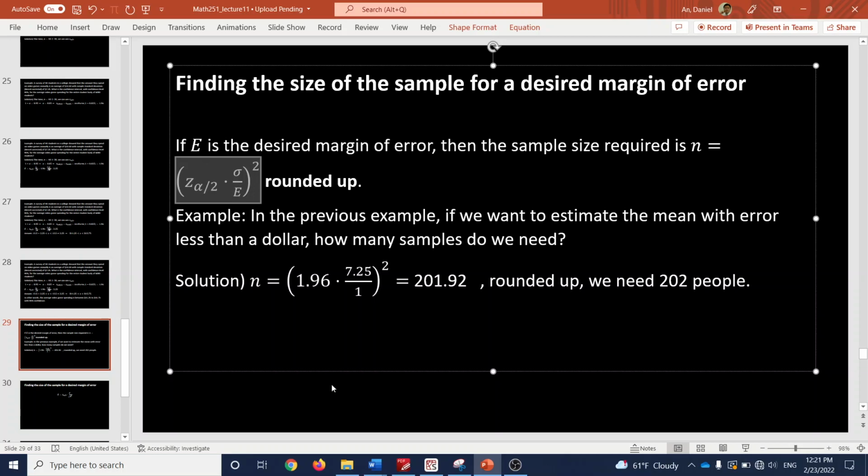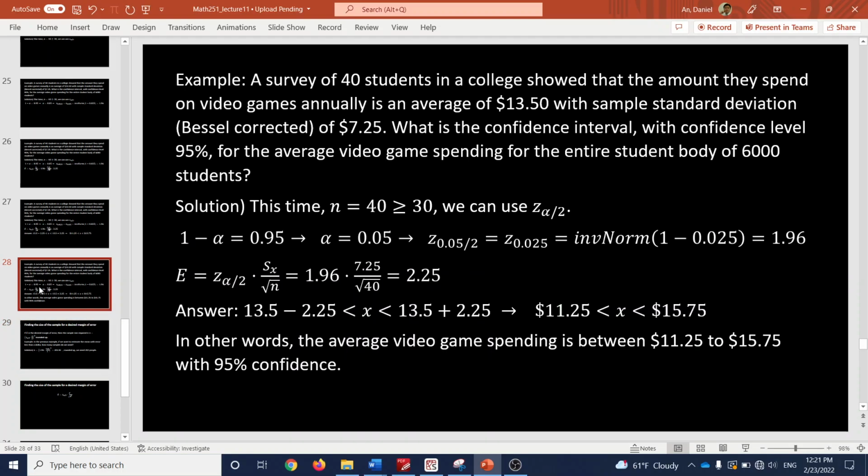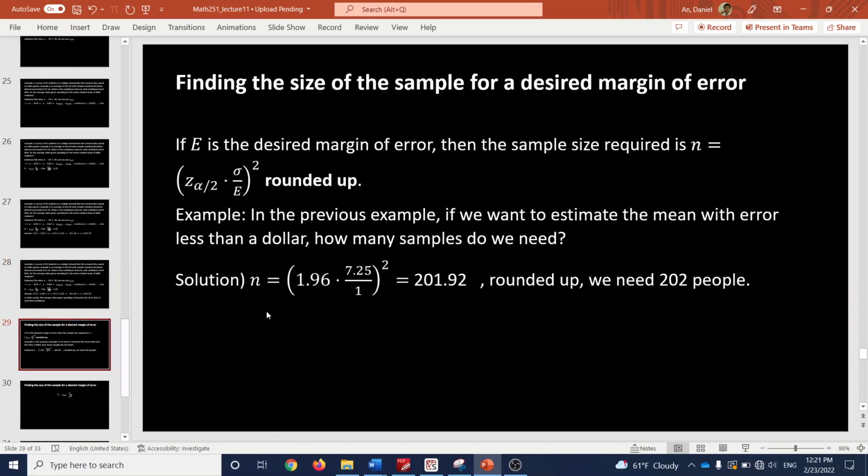Since we don't have the sigma, we use the 7.25, the sample standard deviation, and 1.96, same as before. But instead of dividing by the square root of n, now you divide by e, and because we want e to be 1, we divide, square everything, and the result is 201.92.